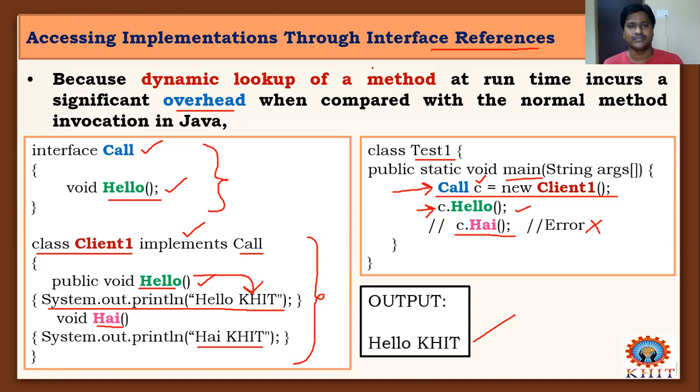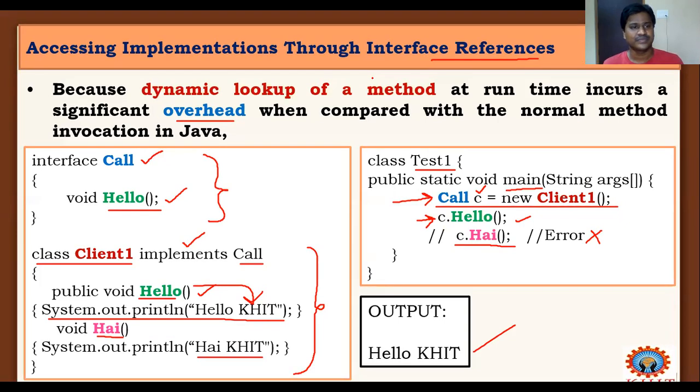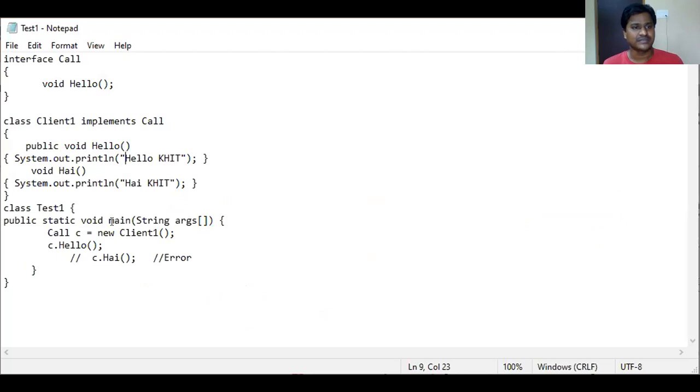Okay, shall we move on to the execution part? Coming to test one, remember the class name is test one. This is the same program we just saw in the PPT. First I'm going to remove the comment on this line to get an error in this case, then later we execute.